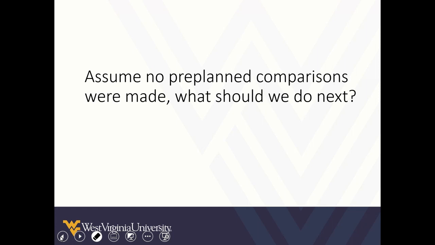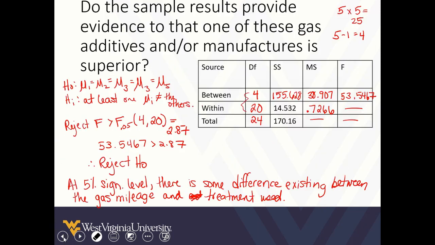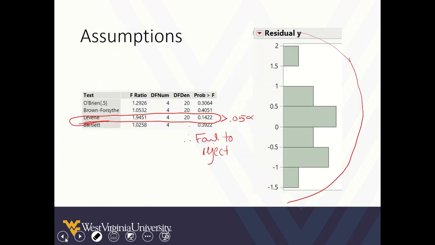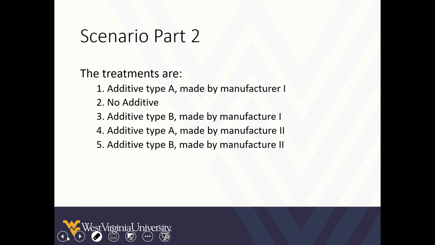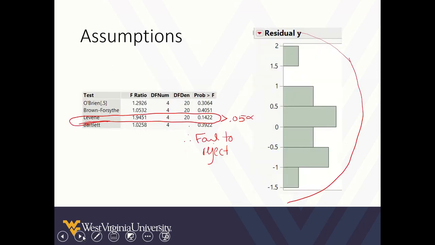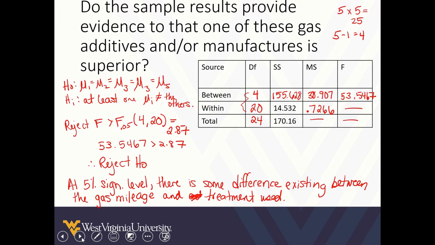And because we have the time and we're curious, what was 5 and 3? 5 and 3 were additive type B, and they were from both manufacturers. So that would tell me that it would be better to use the additive type B in the gasoline for improving gas mileage.